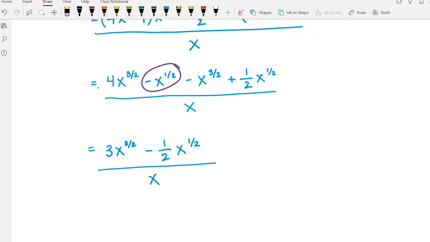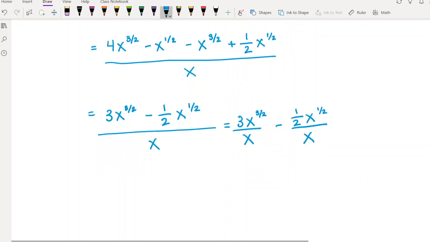Okay, so still not there. This is still not fully simplified because we can break this down into separate fractions, and this x can get combined with stuff. So if we have 3x to the 3/2 over x minus 1/2 x to the 1/2 over x.